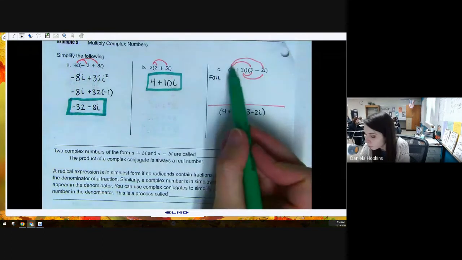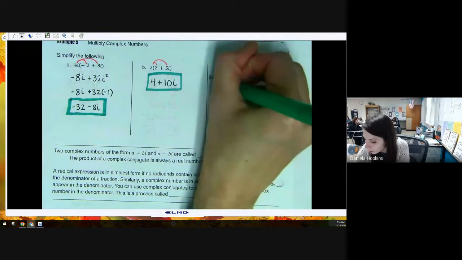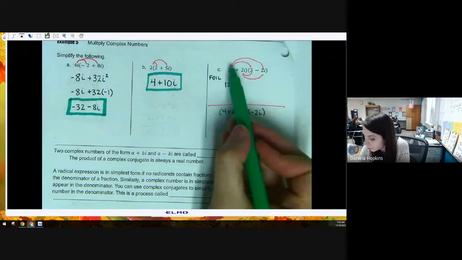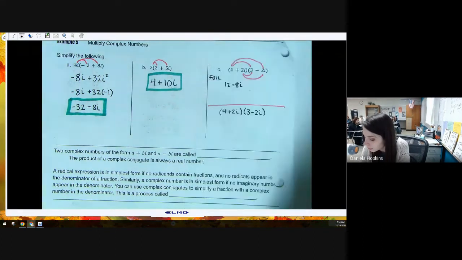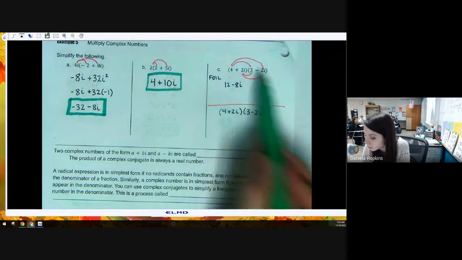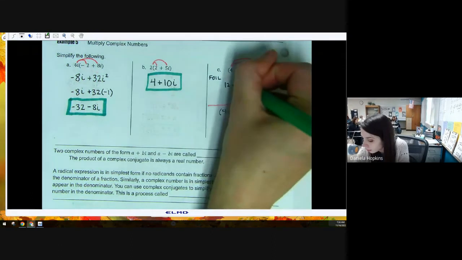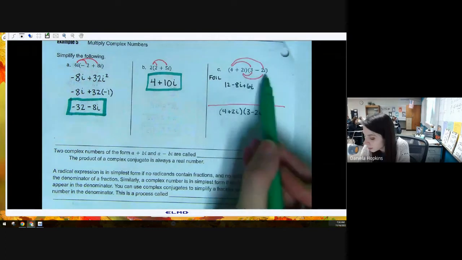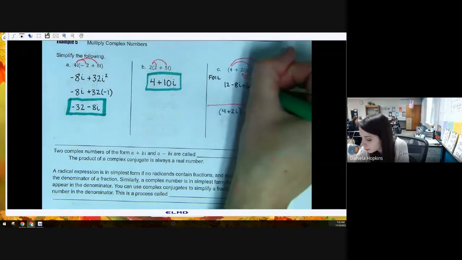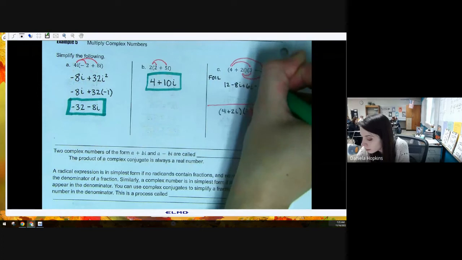So it'd be 4 times 3 is 12. 4 times negative 2i is negative 8i. 2i times 3 is plus 6i. And then 2i times negative 2i is negative 4i squared.